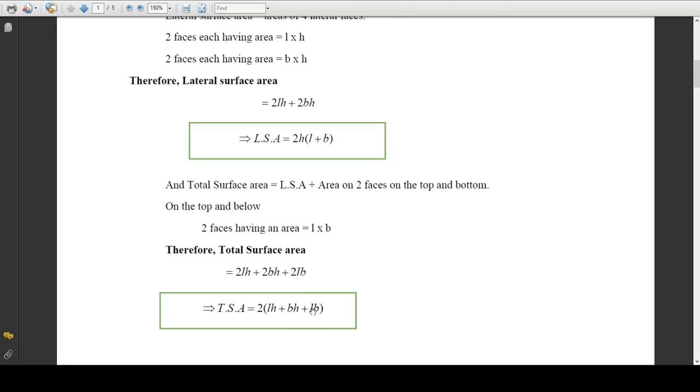Then the total surface area, where 2 is common, will be 2 times (LH plus BH plus LB).